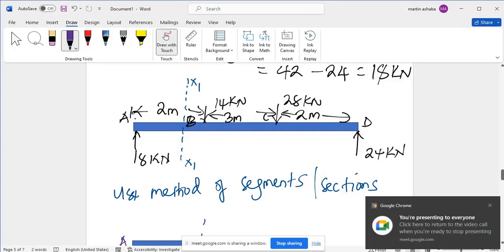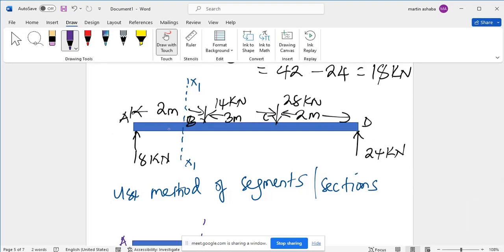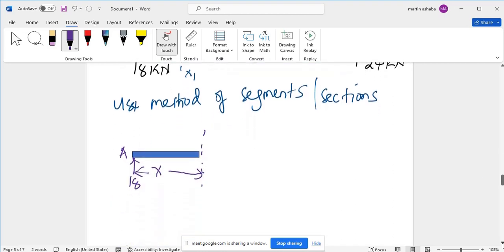Let's look at from A to B, the segment AB. If we cut in the middle of segment AB, then that section that we have created is going to be at a distance x from A. So we can say the distance is 0 less than or equal to x less than or equal to 2.